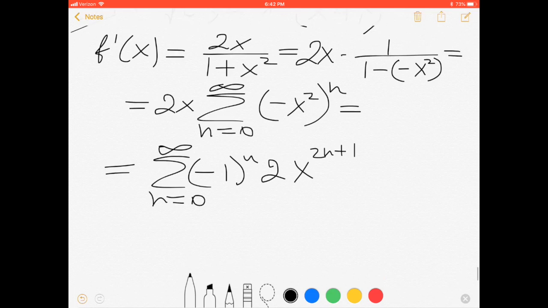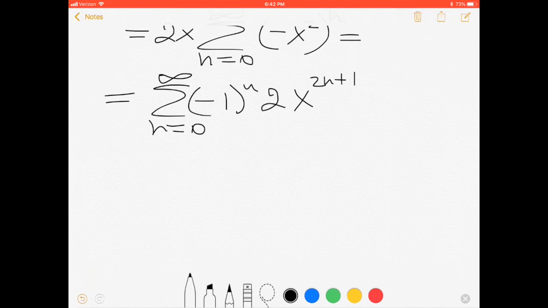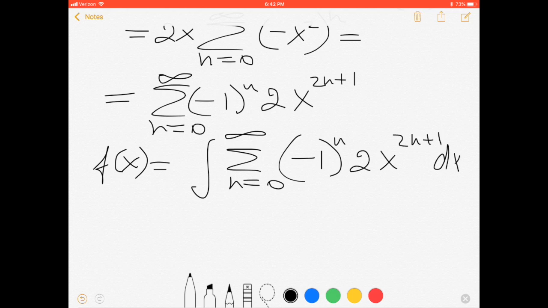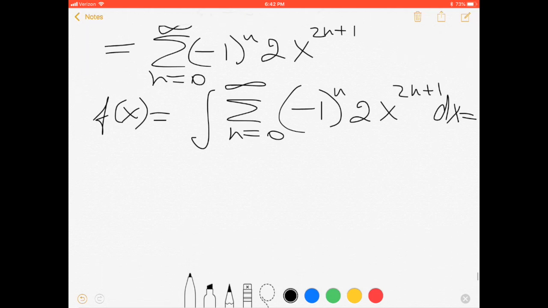This means the series for the function will be the integral. Okay, f(x) will be the integral of the series from 0 to infinity of negative 1 to the power n times 2x to the power 2n plus 1 dx. Continue.